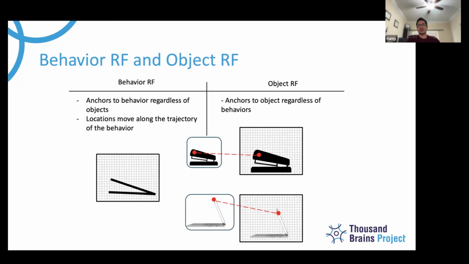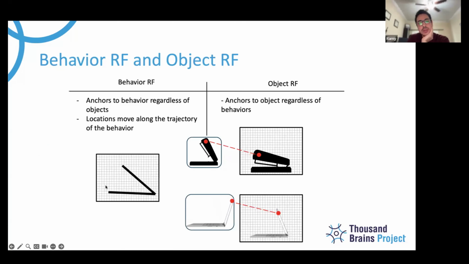So this is what I mean here. This is probably not a very accurate representation, but as we change the location in the behavior reference frame, we move along the trajectory of the behavior.